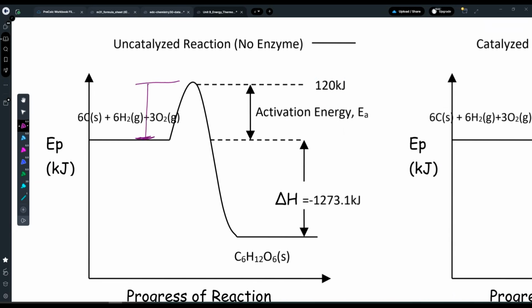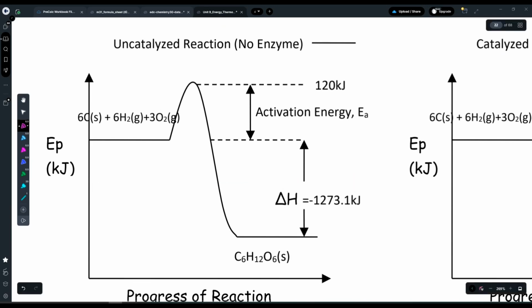But if we wanted the activation energy of the reverse reaction, we're reading this diagram from right to left. This tells us that the potential energy difference between the reactants and the products is negative 1273.1, but that's if you're reading this diagram from left to right.